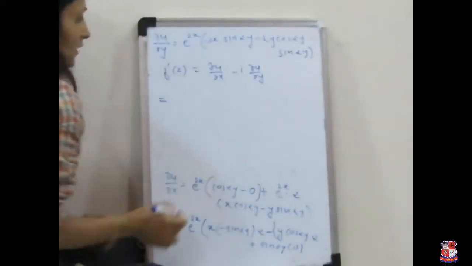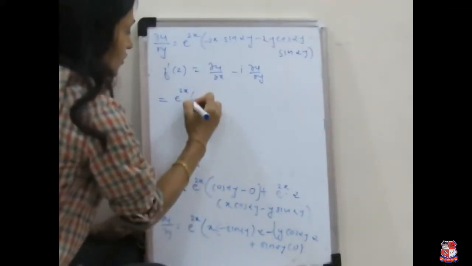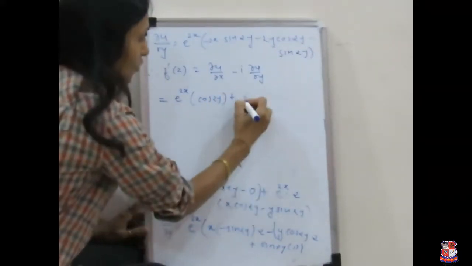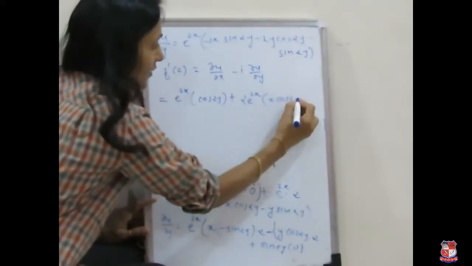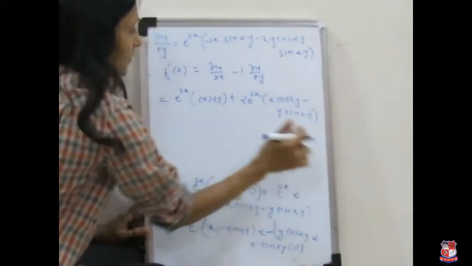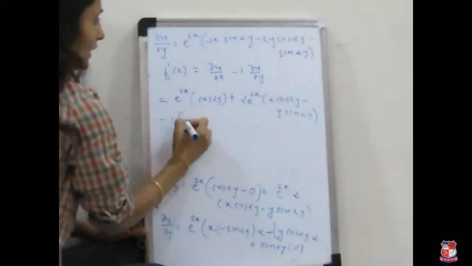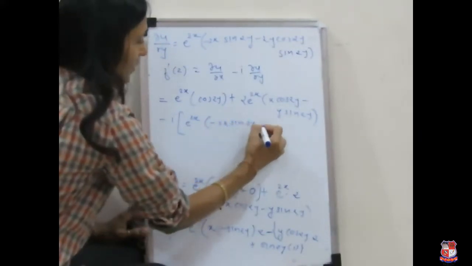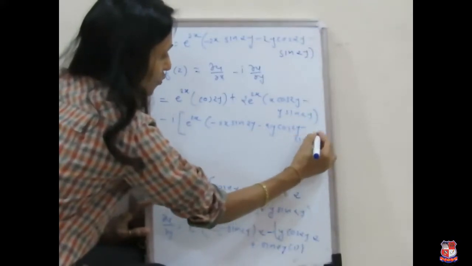Del u by del x is equal to e raised to 2x cos 2y plus 2 e raised to 2x (x cos 2y minus y sin 2y), minus i into, putting in del u by del y, e raised to 2x (minus 2x sin 2y minus 2y cos 2y minus sin 2y).